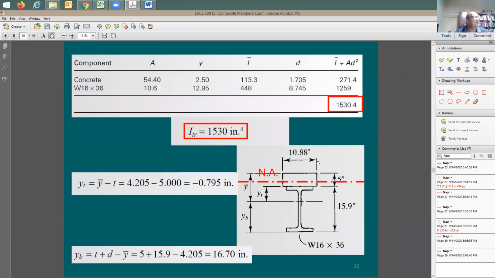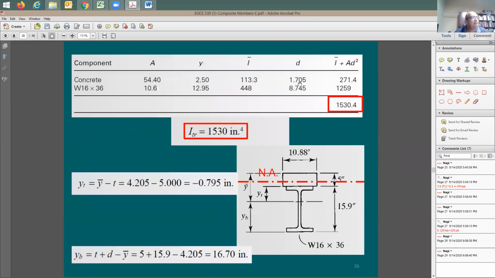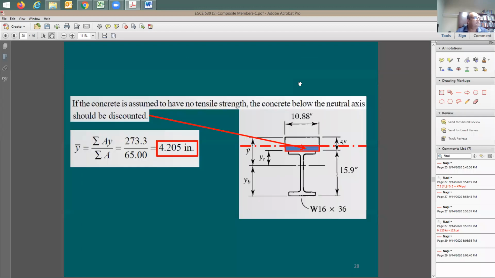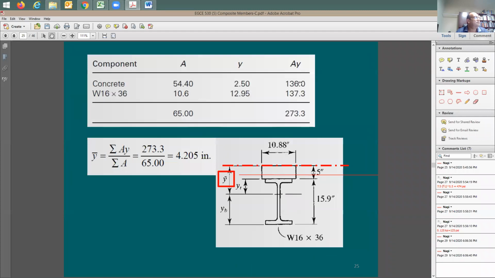This analysis here. You see this 136, A times Y. This is not changing. I don't know, they changed a little bit. Oh, 137.3, excuse me. 137.3 is gonna be for the steel beam moment.